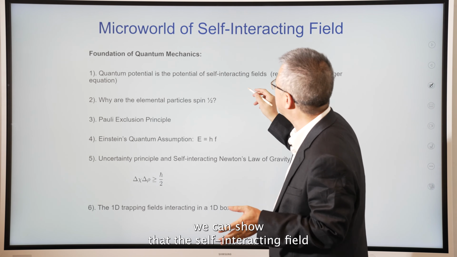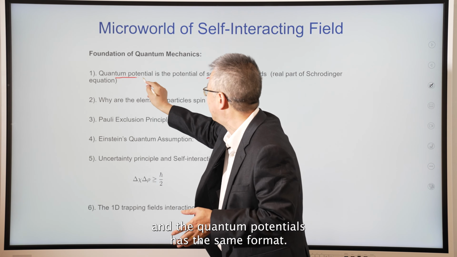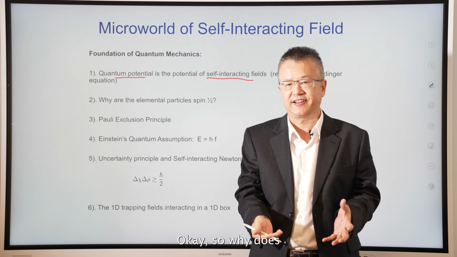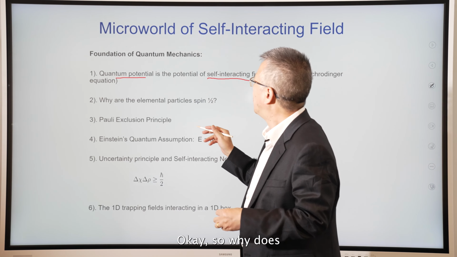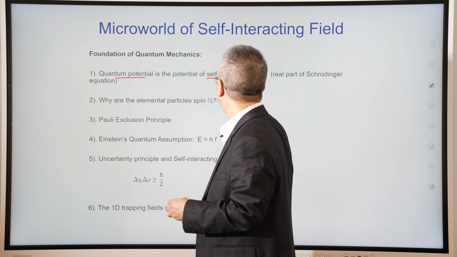We can show that the self-interacting field and quantum potentials have the same format. So why do elementary particles have spin half, not spin 1?